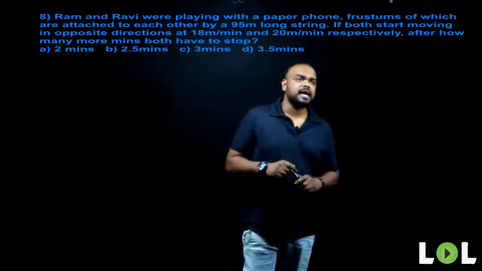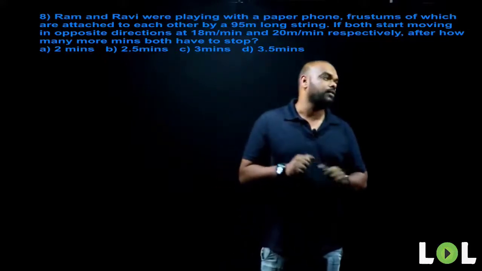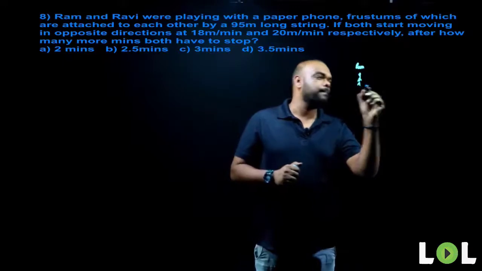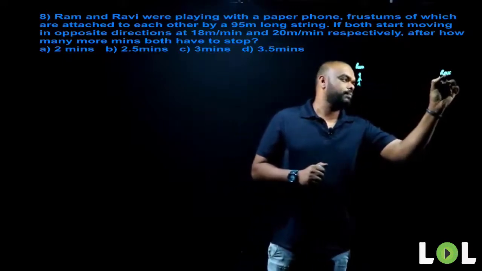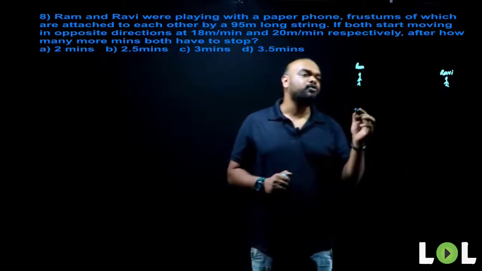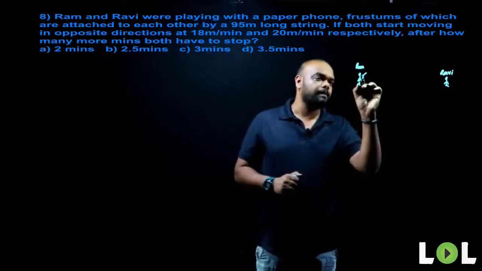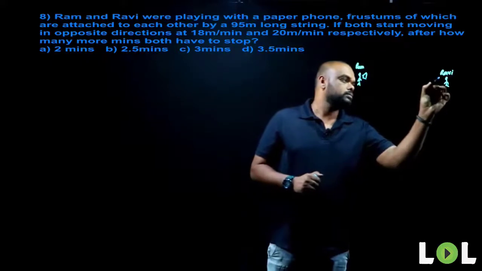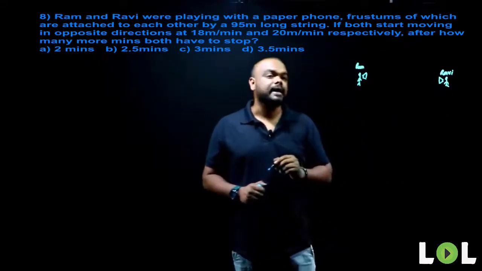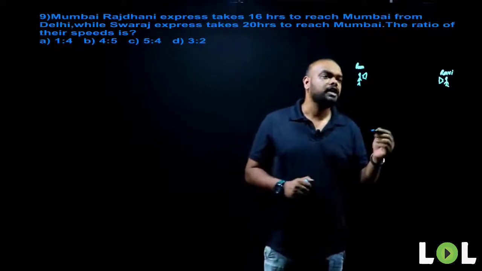See, there are two people, guys. One is Ram and the other one is Ravi. Now these two are playing with a paper phone, and the frustums are attached to each other.